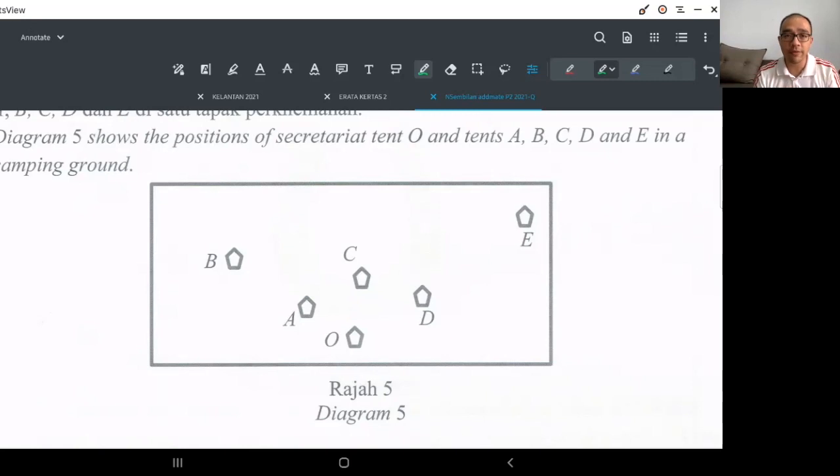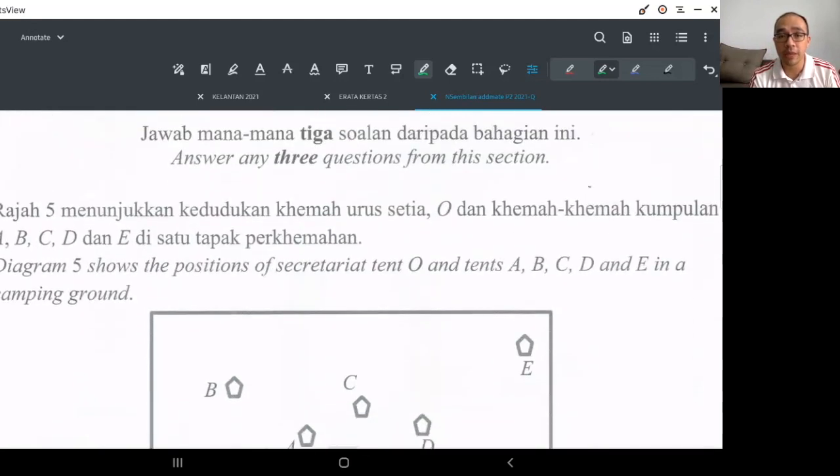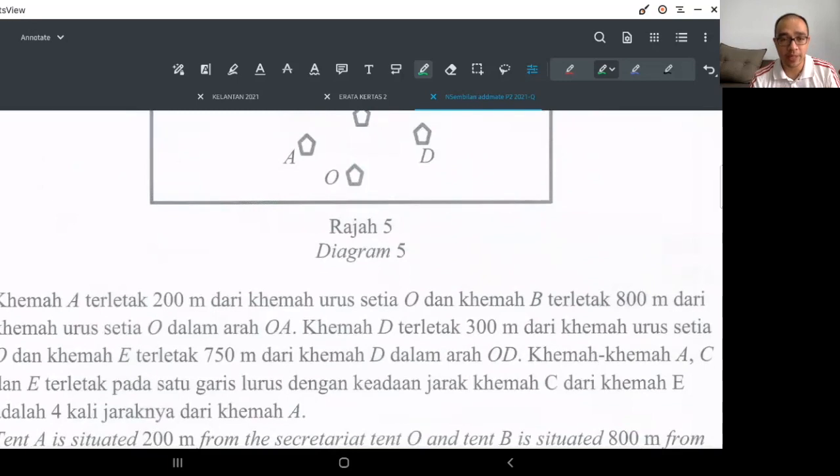Okay, let's come back to this. You have 5 tenths A, B, C, D, E plus the secretariat 10O. Now let's read.